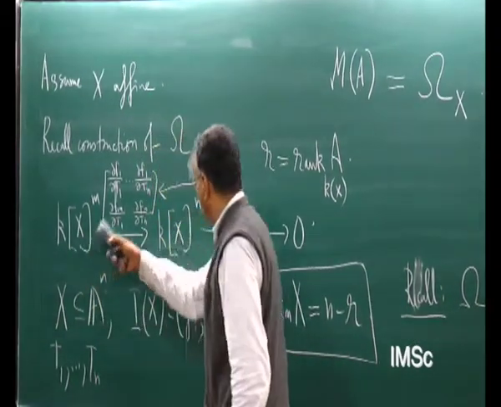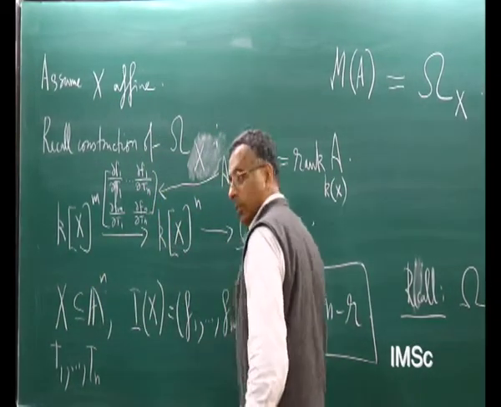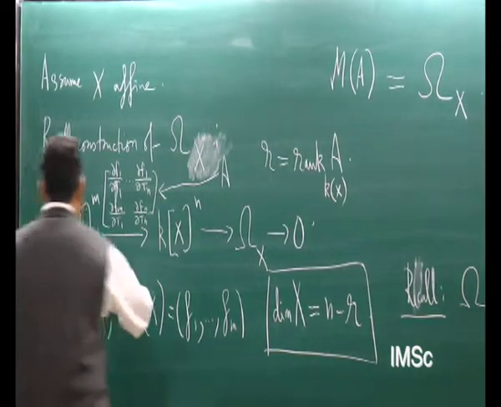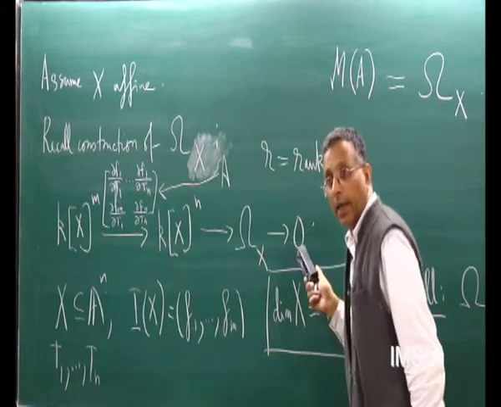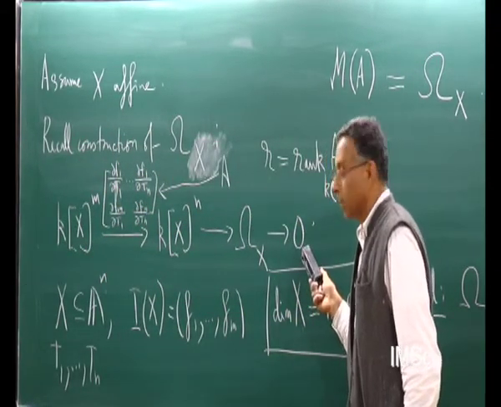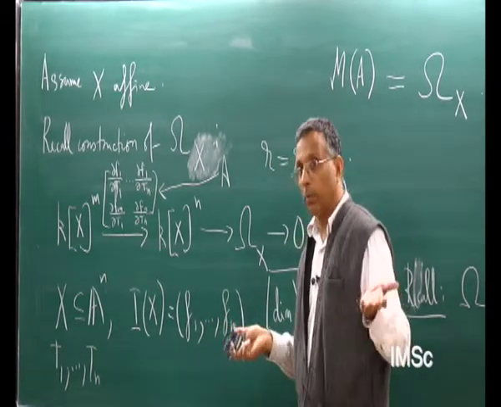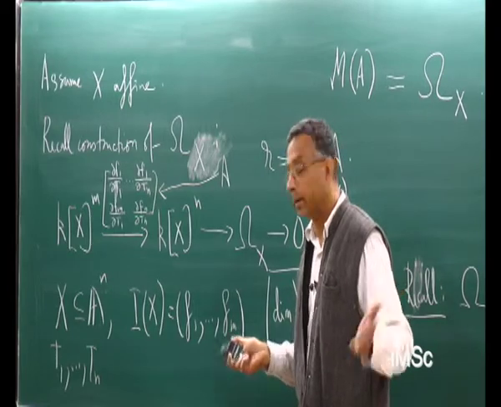So observe that what is here, inside here, how do I get it? I can tensor this with k sub x, and then again it is exact, no problem, because tensor product is right exact.